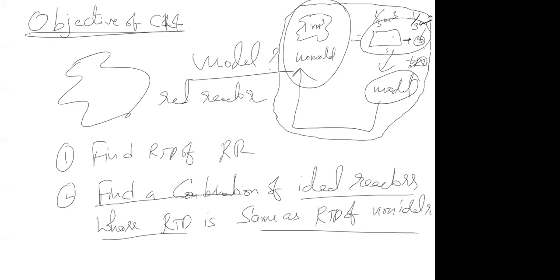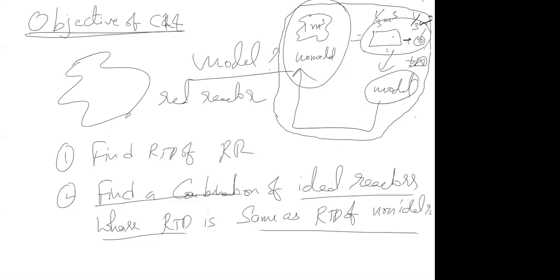Somebody is asking, why can't we study only the reactors which are non-ideal? That is chapter 4, no? But if you don't study CSTR and PFR, can you make a model of a real reactor?